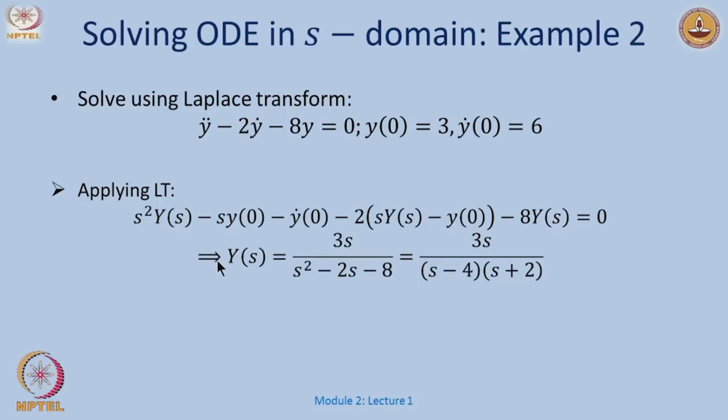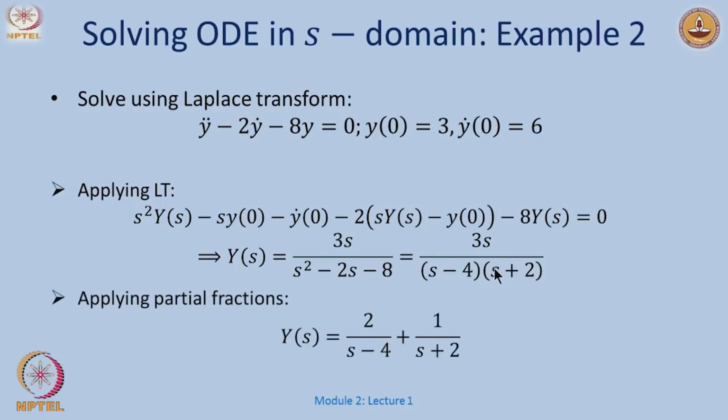So, this would mean that Y(s) could be written in terms of an expression in s like this, 3s over s squared minus 2s minus 8, or just the denominator could be written as a product of two terms, s minus 4 and s plus 2.